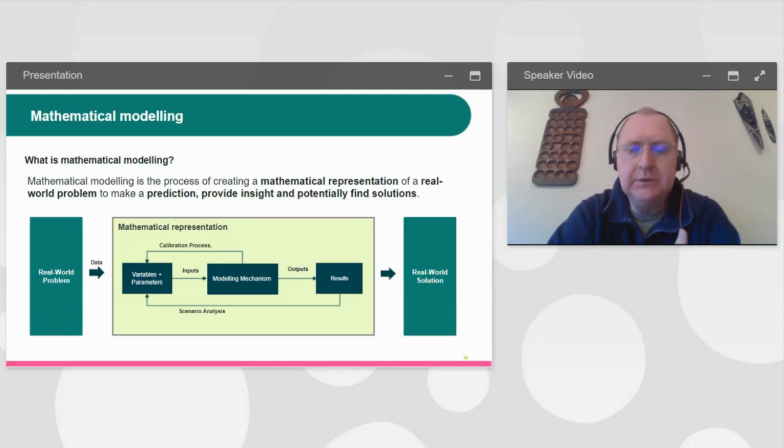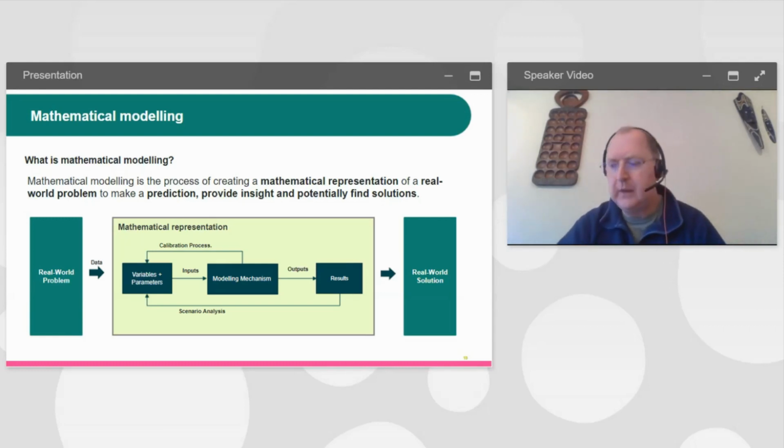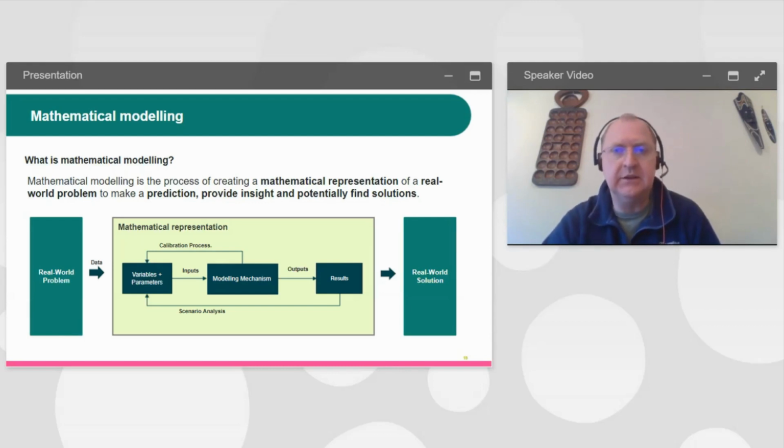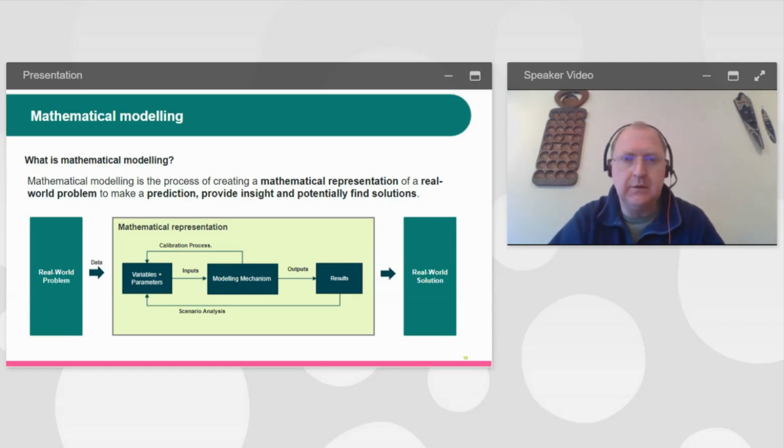You can use this tool to look at real world solutions, and it helps us to understand and gain insight into how we can solve the problem that we set out with.